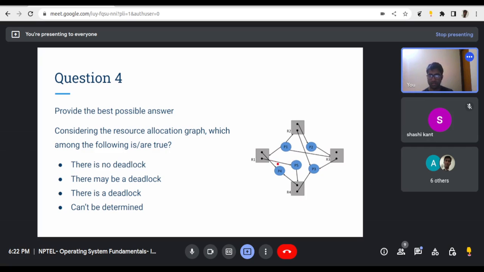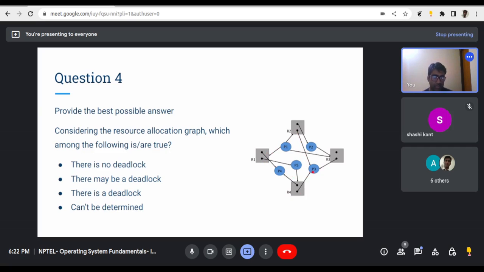For the condition for deadlock, there should exist a circular wait. So first, let us see whether there exists a cycle or not. If you examine the graph carefully, you will see that there exists no cycle, right?